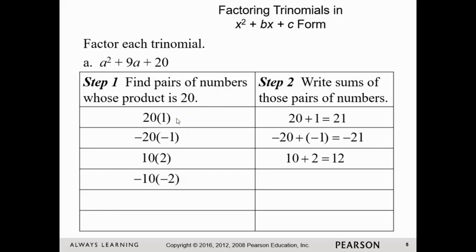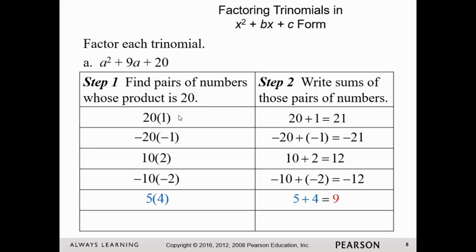Negative 10 and negative 2 also get us to a product of positive 20, but they sum up to negative 12. Then we have positive 5 and positive 4. They do get us a product of 20, and they do sum up to 9.